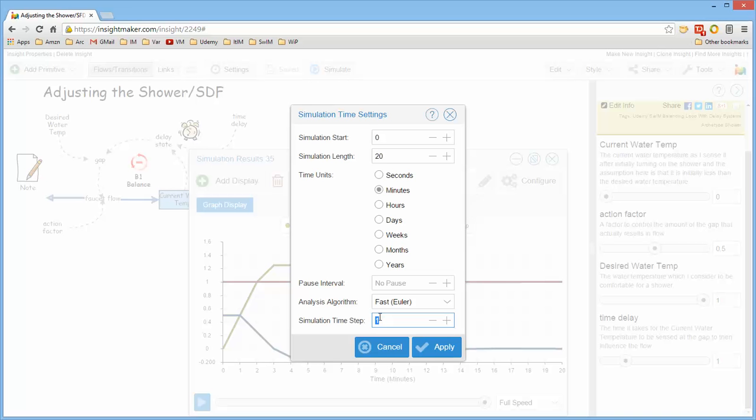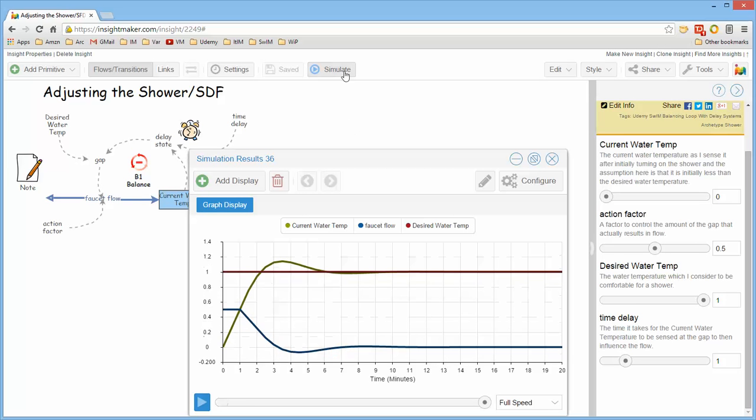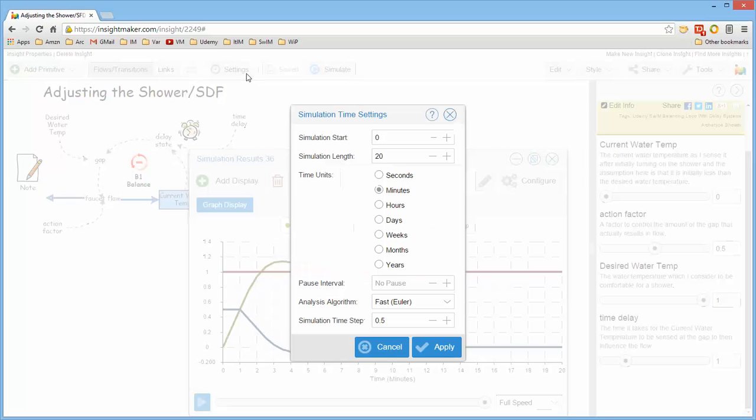So in this case, I should try and see what happens if I look at the interactions every 30 seconds. Notice that the curve smooths out quite a bit, though there's still some amount of choppiness to it. So I'll go ahead and set this to 0.25. You should always use negative powers of 2.